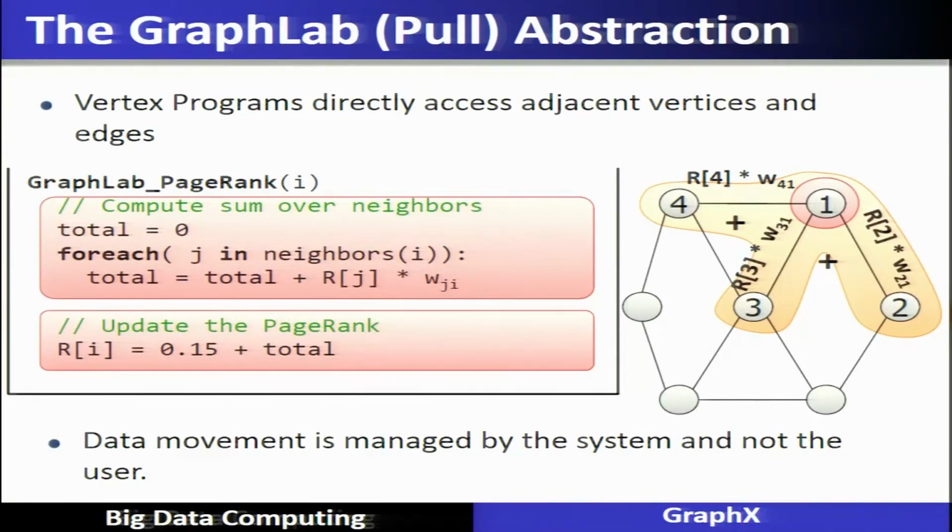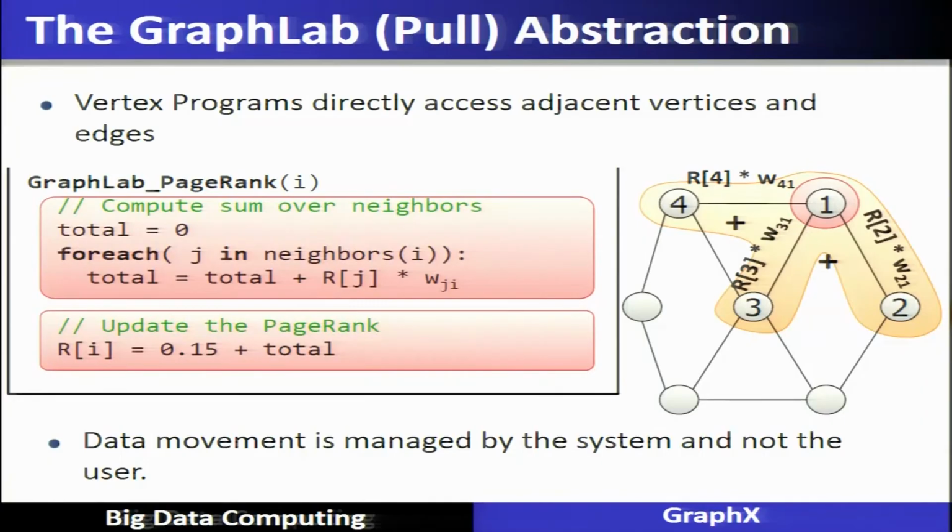Similarly, in GraphLab, there is a pull abstraction. If we write the same PageRank algorithm in GraphLab using pull abstraction, it becomes a vertex program that directly accesses the adjacent vertices and edges.